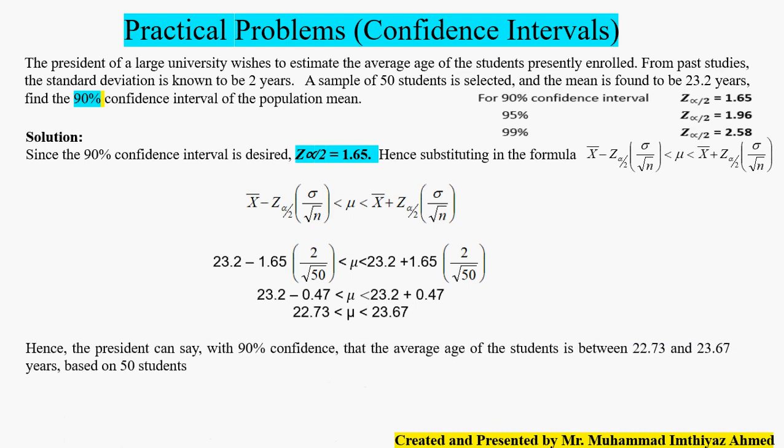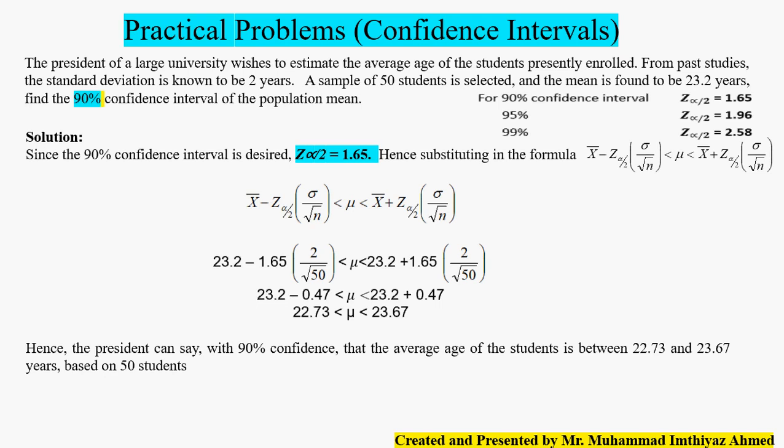So you can write a comment. Hence, the president can say with 90% confidence that the average age of students is between 22.73 and 23.67 years based on 50 students. So this is the answer for 90% confidence interval of the population mean.